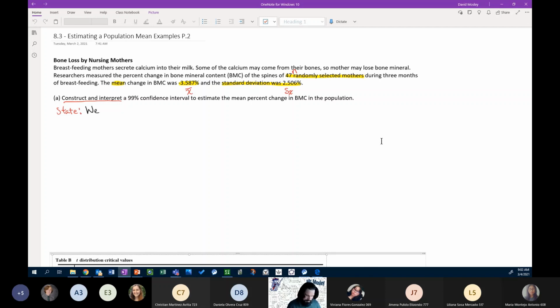We want to estimate the true mean mu, percent change in BMC in this population, with 99% confidence.